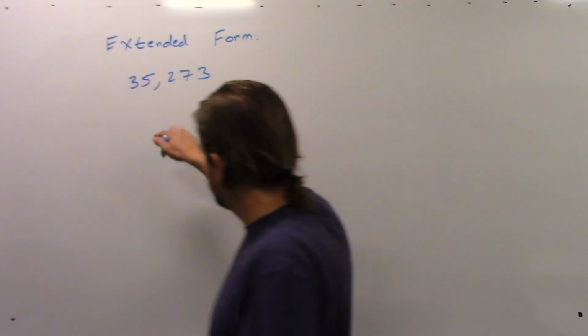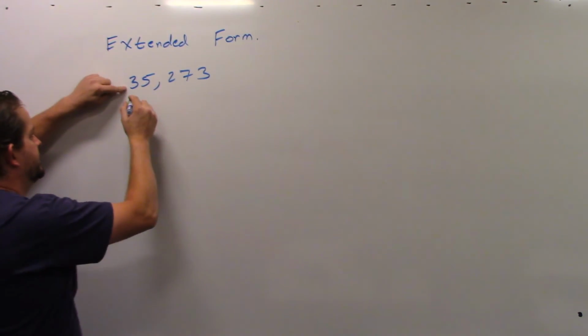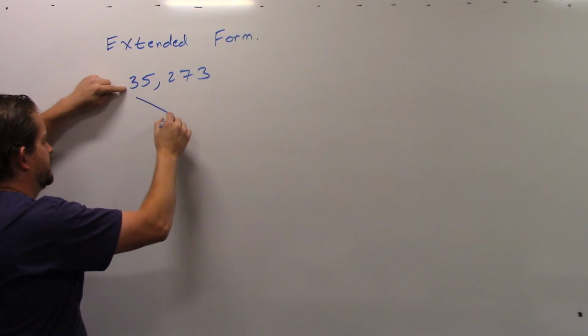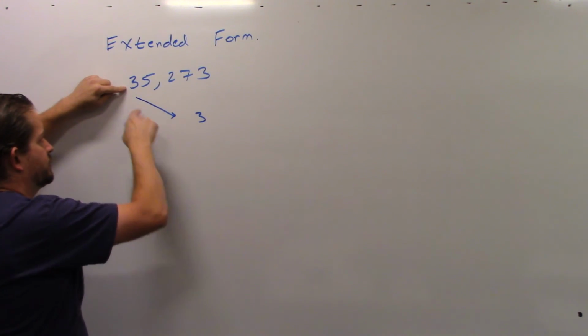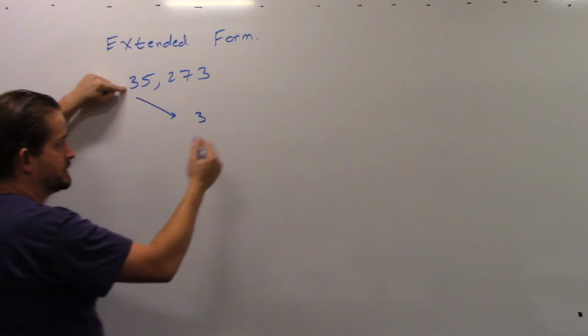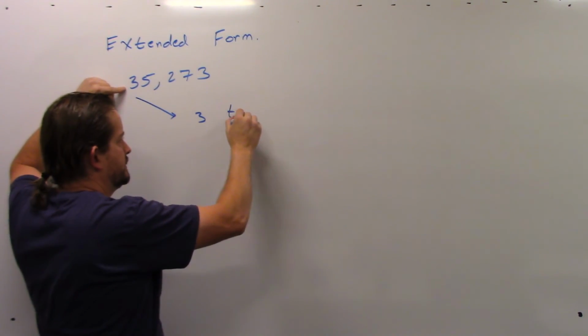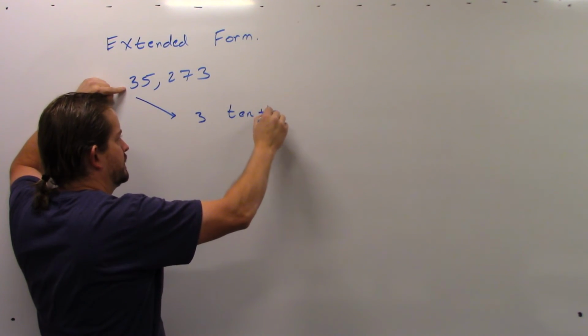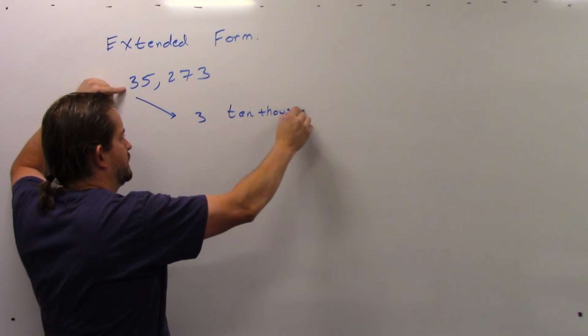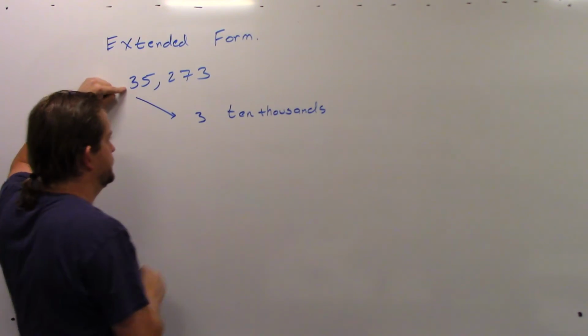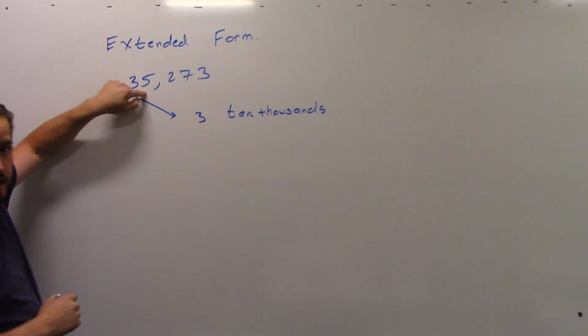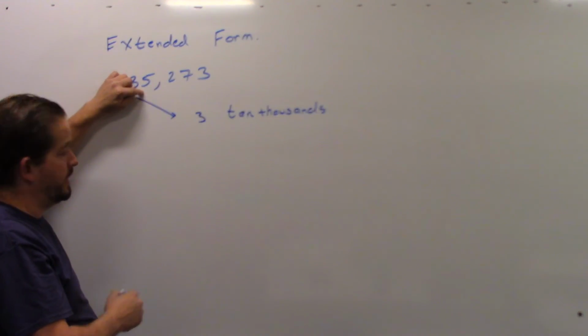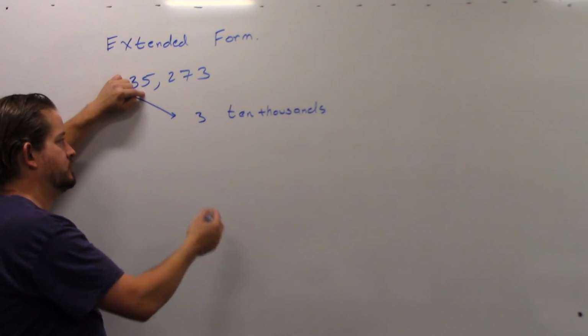Each one of these places, right, this 3 right here, the 3 is worth 3 10,000s because it's in the 10,000s place. The next digit, the 5, is worth 5,000 because it's in the thousands place.